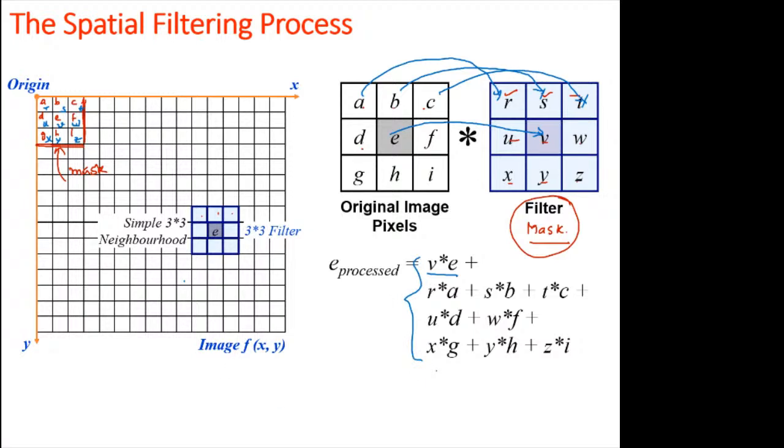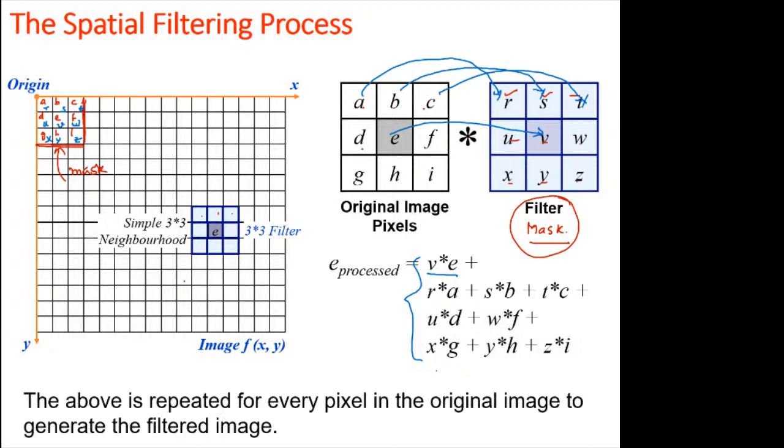Whatever value comes, the processed value of E, is assigned to this middle pixel here. Now the new value is E processed.